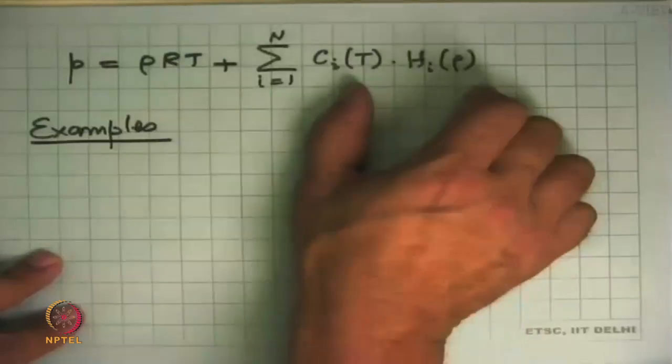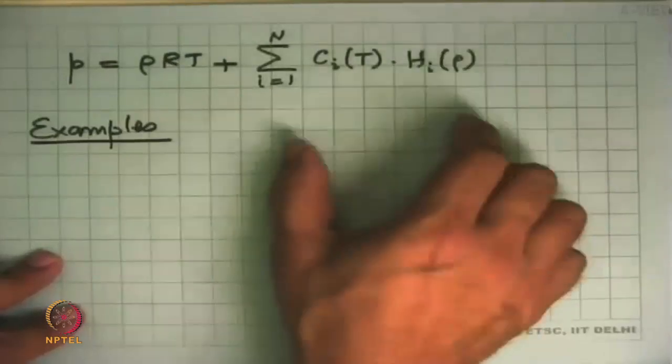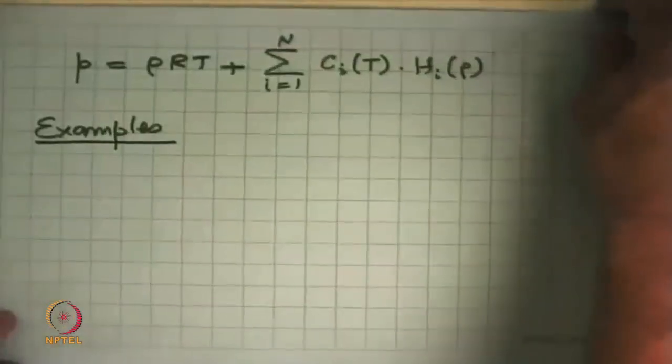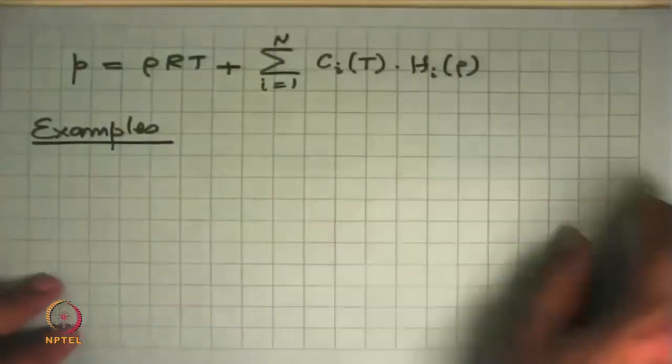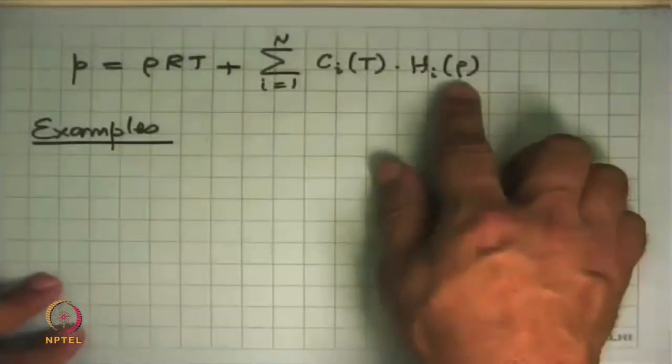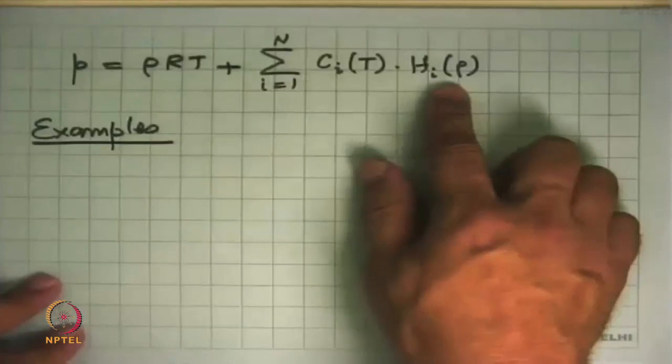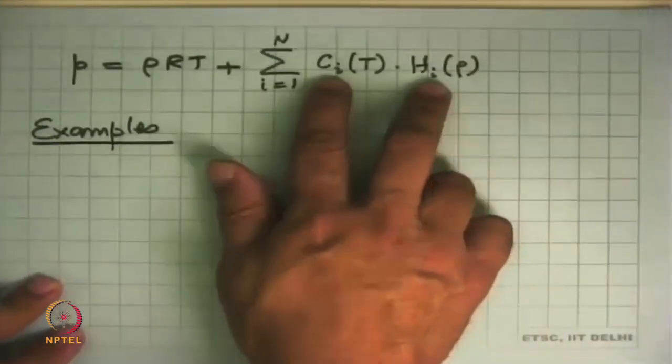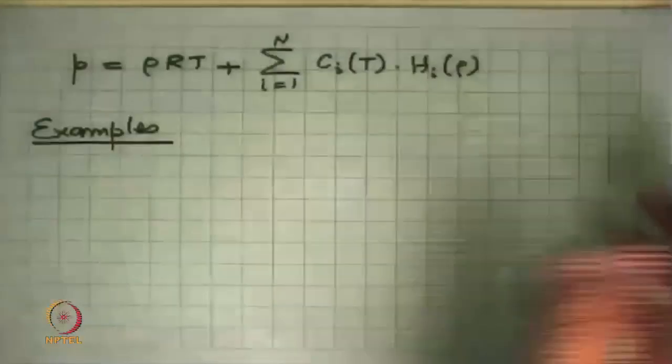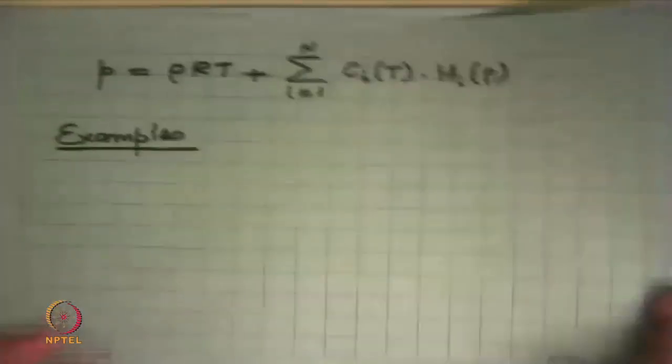So we've done a separation of variables of sorts, and this is where, if you look up mathematics, you would have come across the Helmholtz partition function, and that is what we have done here. Then we do curve fitting and get values of Ci and Hi, which will be many, many constants. So I'll just show you a few of these formulations.